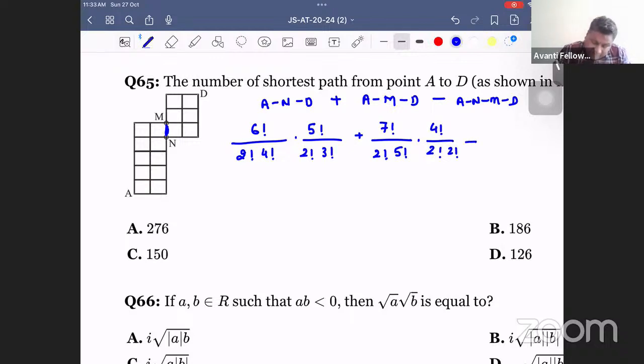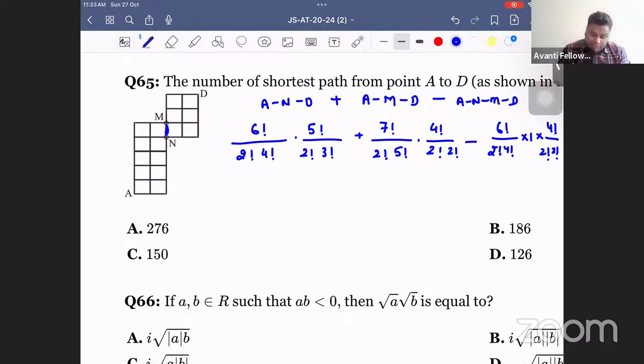Now from this subtract A to N, that is 6 factorial upon 2 factorial 4 factorial multiplied by 1 multiplied by M to D, which is 4 factorial upon 2 factorial 2 factorial. Why did I subtract this? Because this path from N to M has been counted twice. So you have to subtract it.